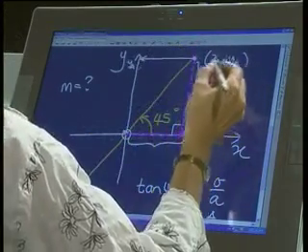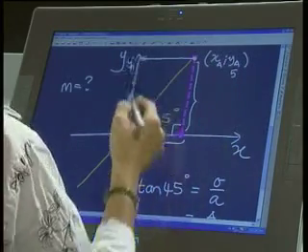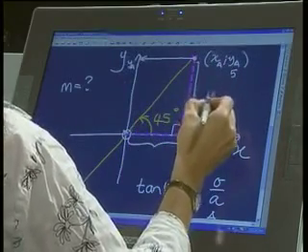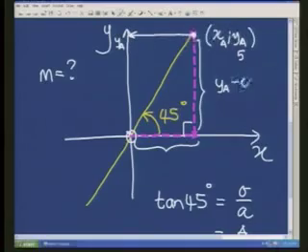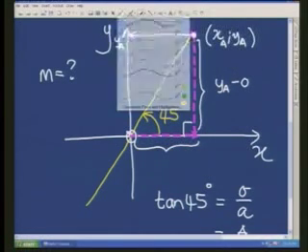So this distance is just y of A minus 0, because the origin is where I started. And what is this other distance? Let's erase our little 5, because that was just an example.